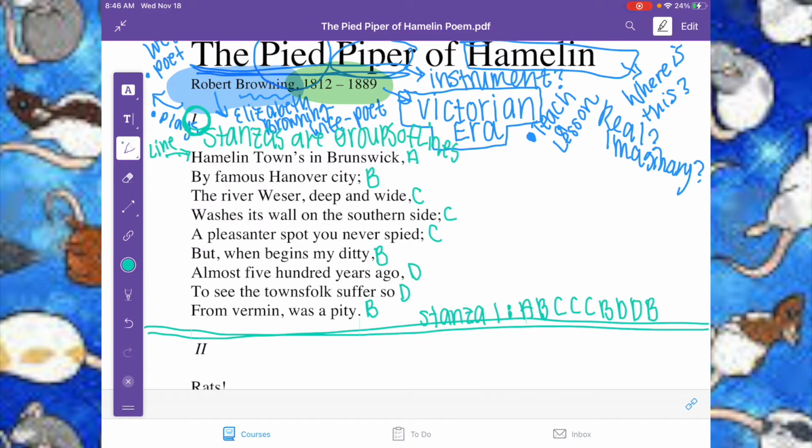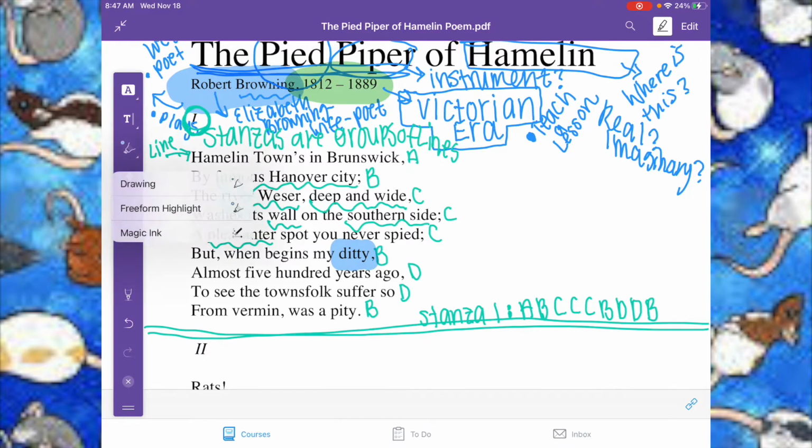Okay, let's get into actual content here. So what are we seeing? Hamelin town is by a famous city. There is a river that is deep and wide. It has a wall on the southern side. It's a pleasant spot. Here we have a vocabulary word. And this vocabulary word we know is a song.